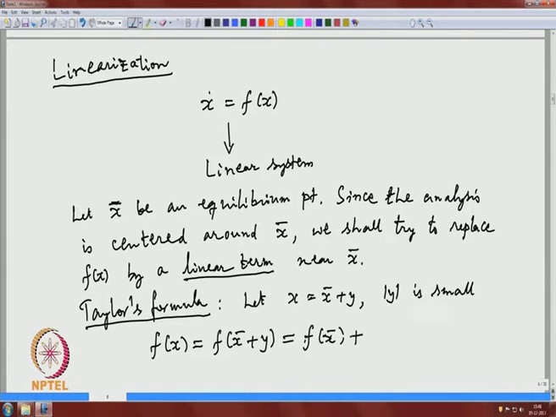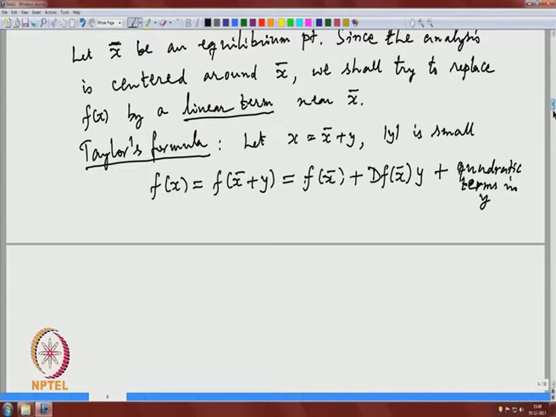Okay. So, here since we are in n dimension and generally bigger than 1, that thing is replaced by what I call df x bar y plus quadratic terms in y. So, let me explain that. Okay.